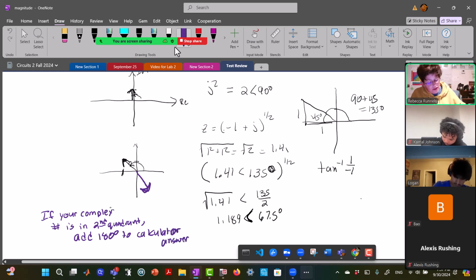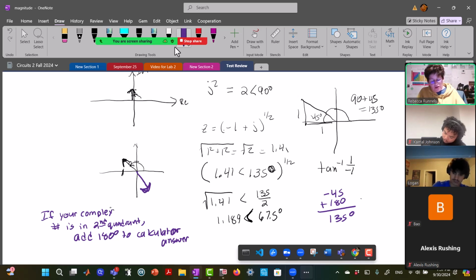So you would take the -45 that it gave you plus 180, and that gives you 135 degrees. If it's in the third quadrant, you subtract 180. If it's in the second quadrant, you add 180. And if it's in the first or fourth, you'll be fine. It has the right answer. Okay. Other questions?